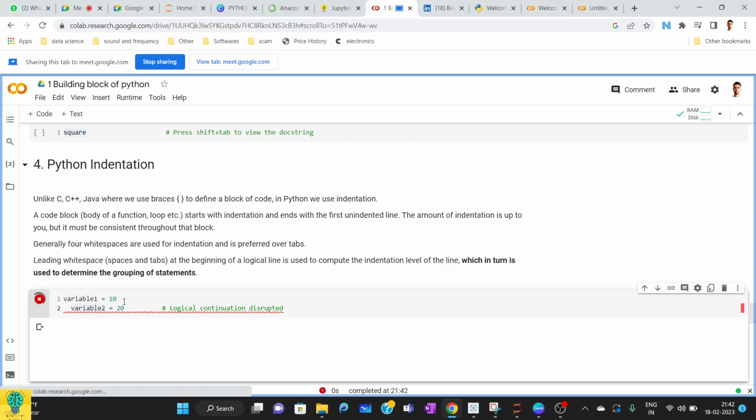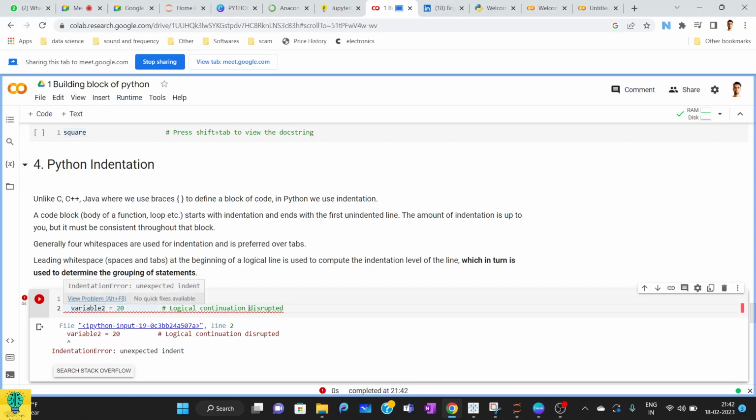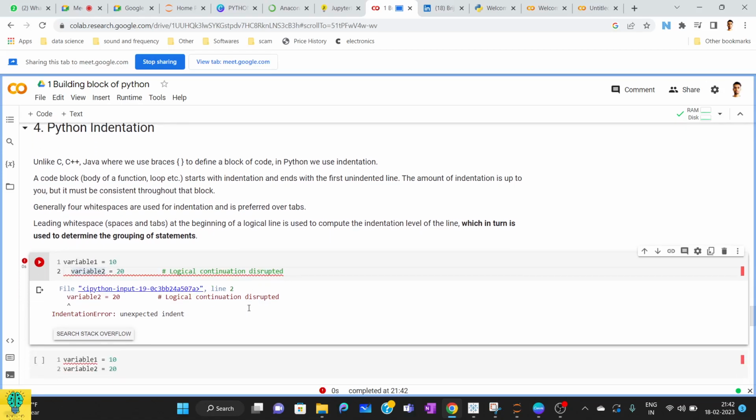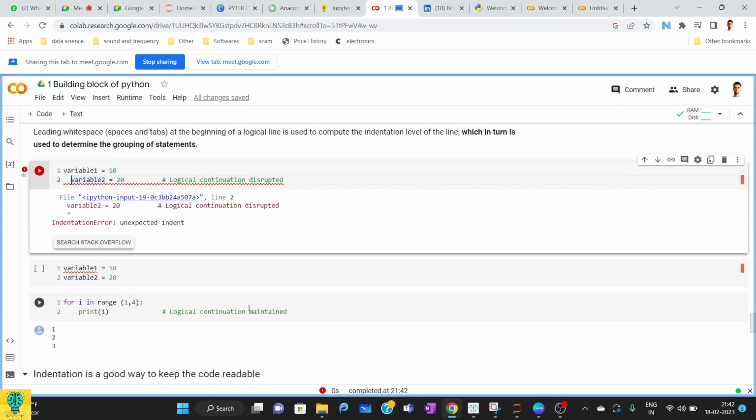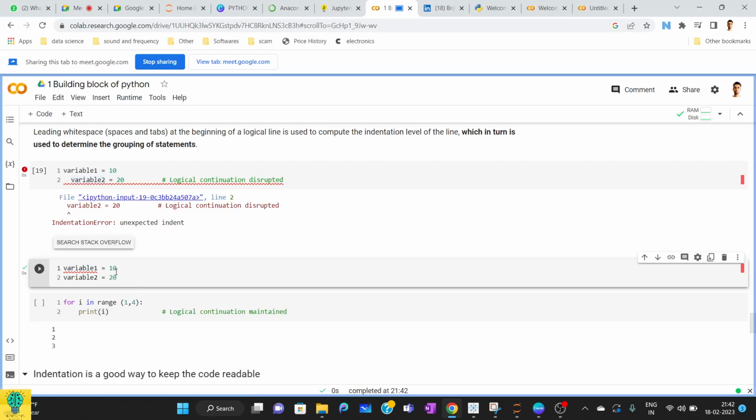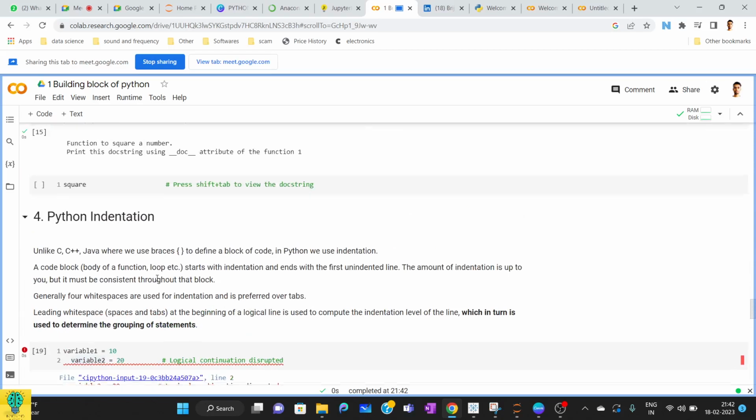See, variable 1 is equal to 10, variable 2 is equal to 20. I cannot write it this way. Whenever I give an indentation in the second line, it means variable 2 equals 20 is a part that comes under variable 1. It's like a hierarchy level. So I cannot give it that way. So here you see variable 1 is equal to 10 and variable 2 is equal to 20. Okay, this is the correct format.